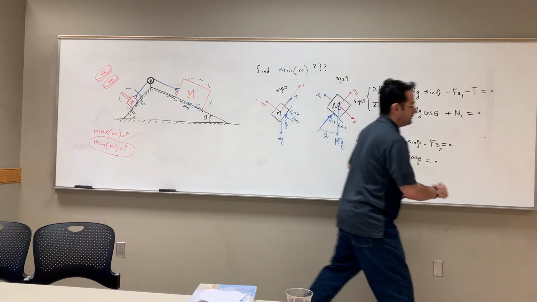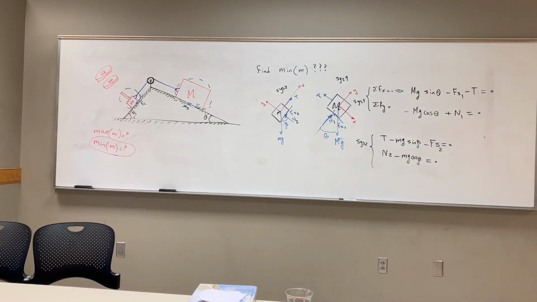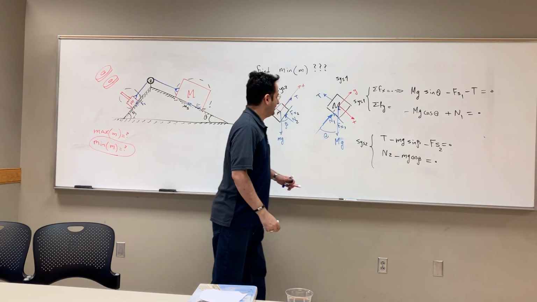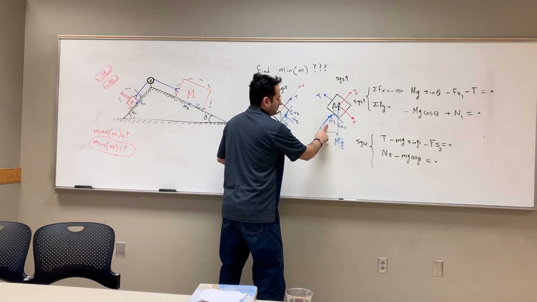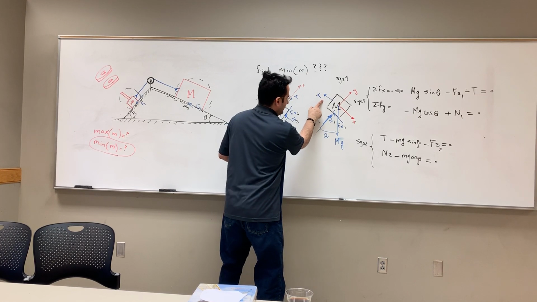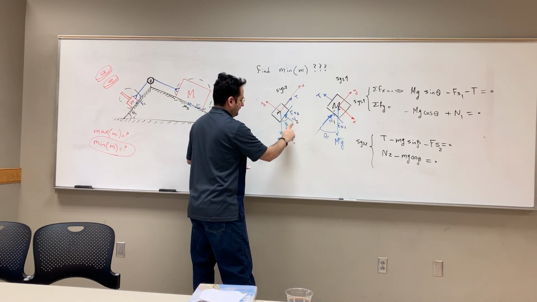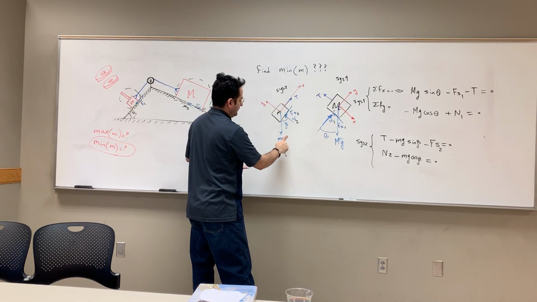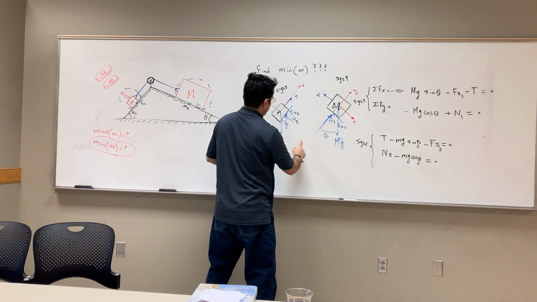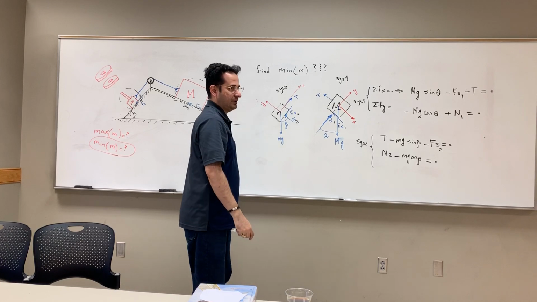And one more thing, in order to close the system. Look, how many unknowns do I have? 1, 2, 3, 4, 5, right?